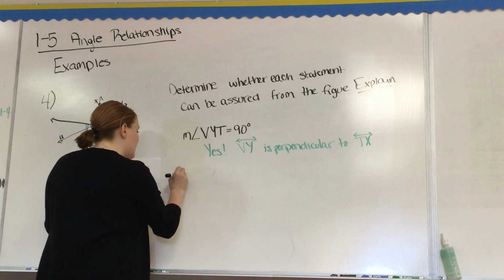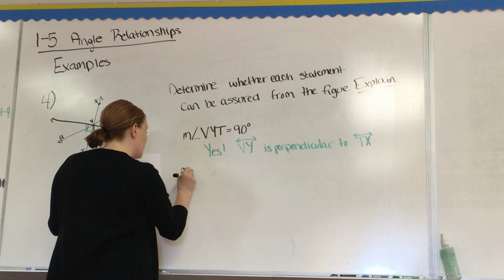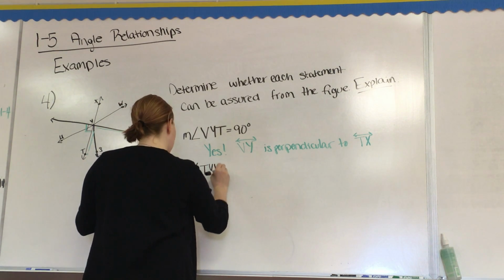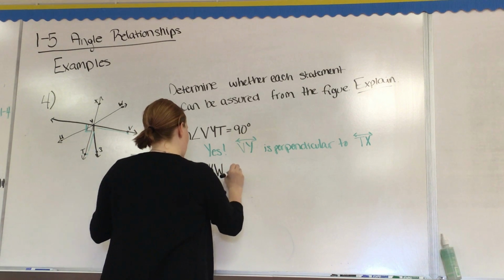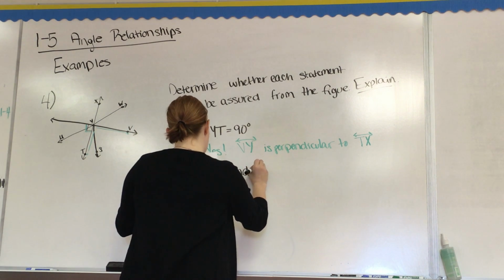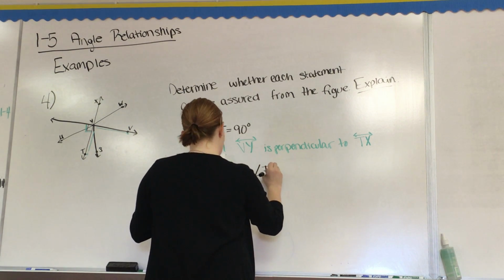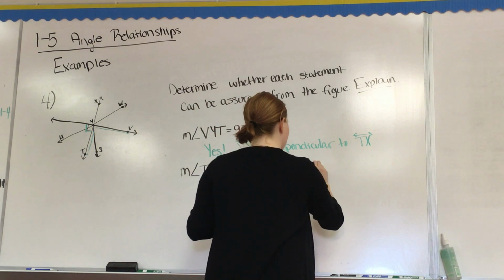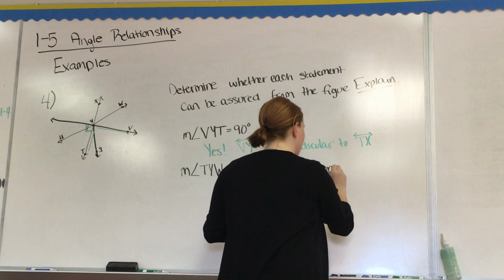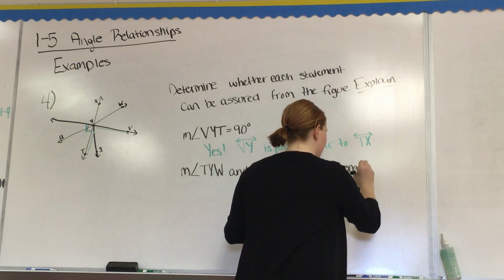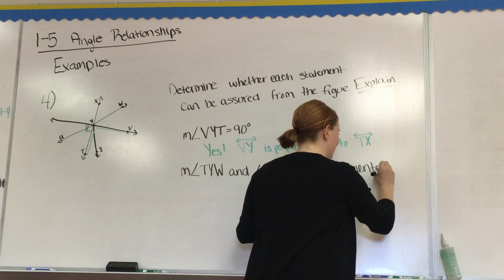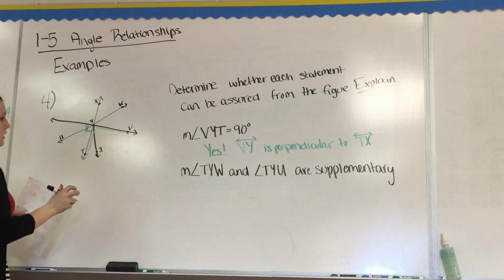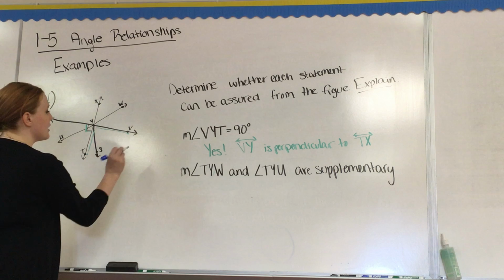The next one we have is the measure of angle TYW and angle TYU are supplementary. Okay, can we be assured that they are supplementary? So first off, we need to find them.